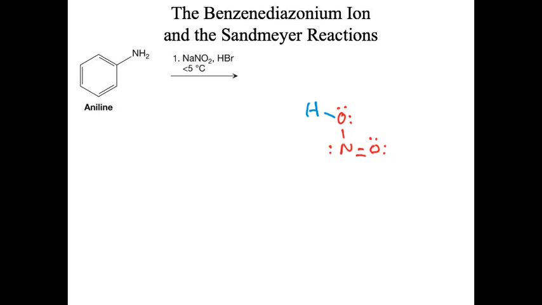Okay? Does that look familiar at all? I mean, we've got some kind of atom double bonded to an oxygen with some kind of leaving group. Oh, dang, I gave too much away. That nitrogen is a good electrophile.